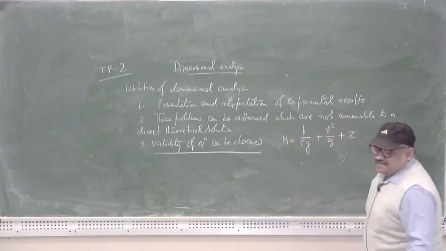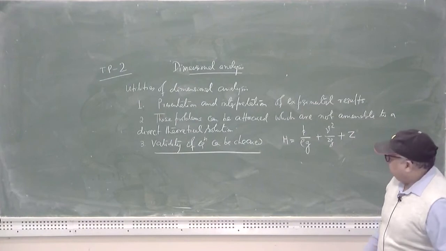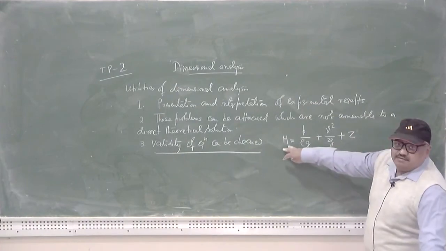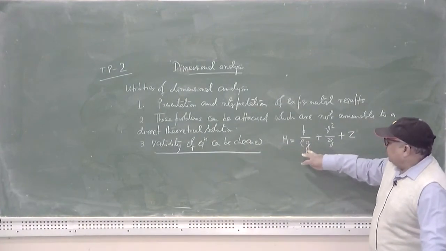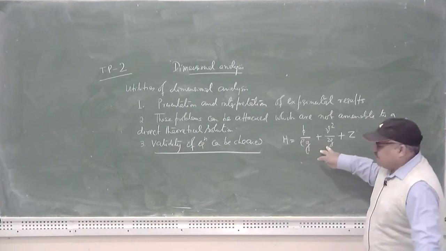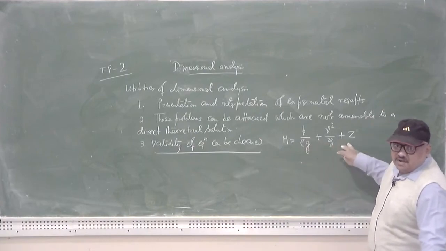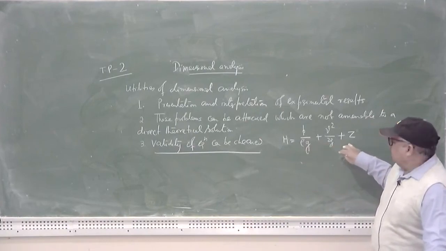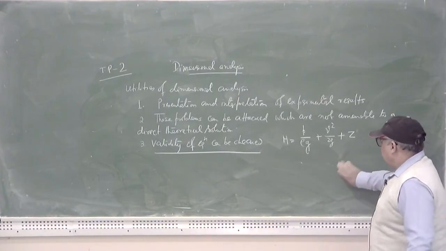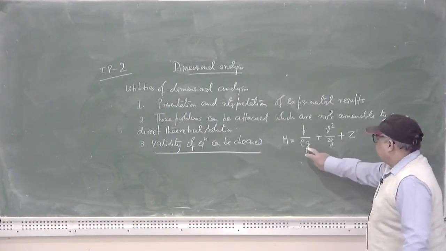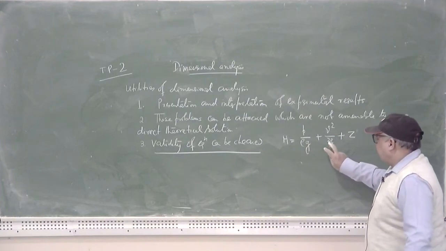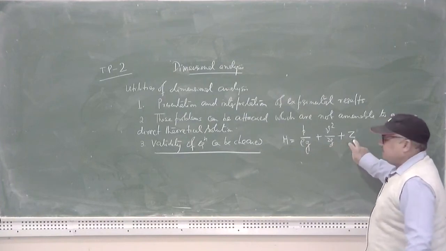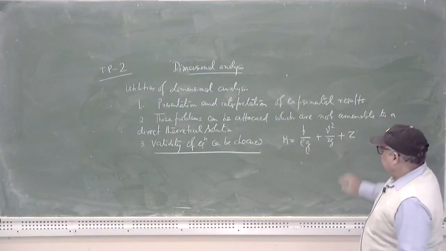This is the representation of the Bernoulli equation. The total head is equal to pressure head plus velocity head plus gravity head. Pressure head, kinetic energy head and potential energy head.